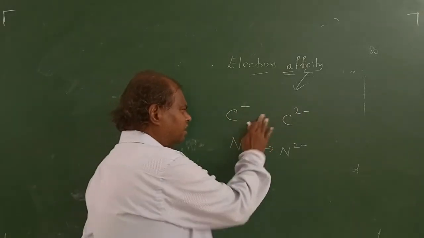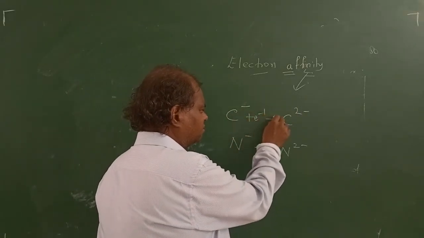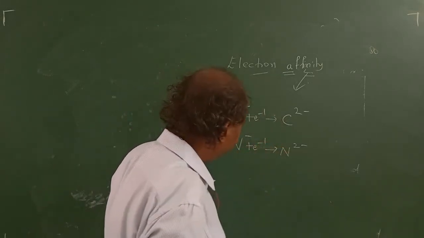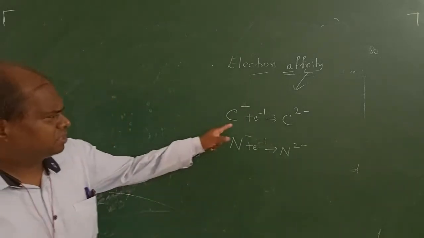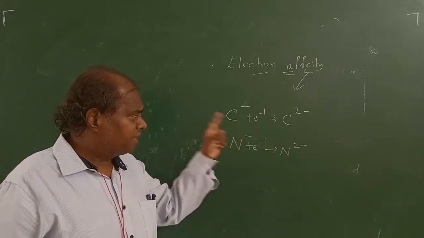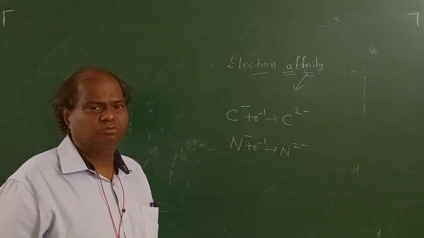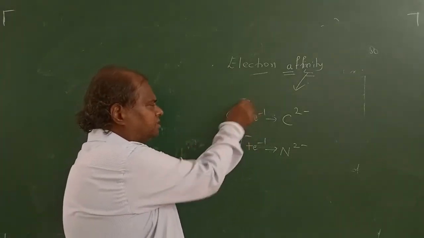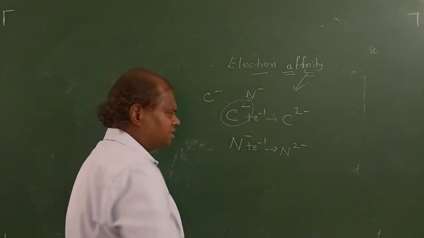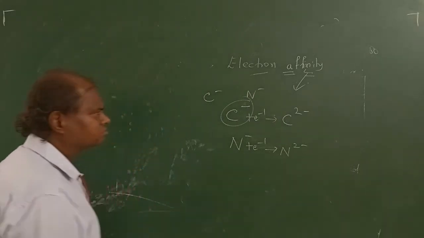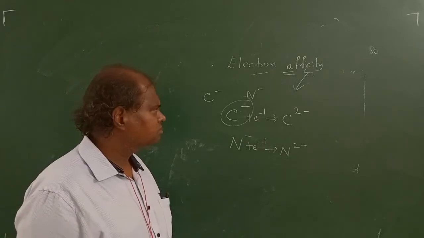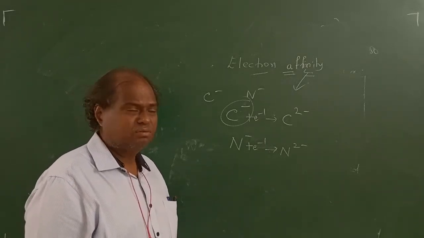I need to add one electron, right? C minus to C2 minus, N minus to N2 minus. Question will be, where is the electron affinity high? Is the electron affinity of C minus higher or is the electron affinity of N minus higher? That's what they will ask you. Who has got more affinity for electron? Who likes electron more? Let's see the answer now.